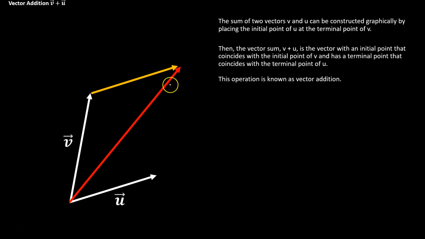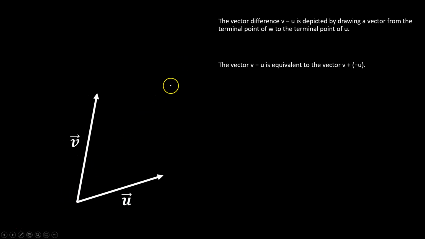And then I would create this long red vector, which is the sum of v and u. So for a vector sum, we do a tip-to-tail arrangement and then connect the first tail to the last tip.